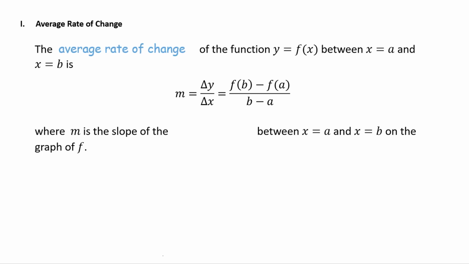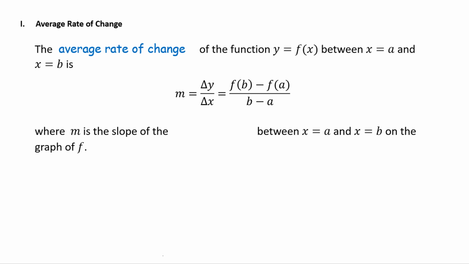The average rate of change of the function y equals f of x between x equals a and x equals b is given by m. Notice m is the slope, equal to little triangle y, which is read delta y, and that delta means little change, divided by delta x.